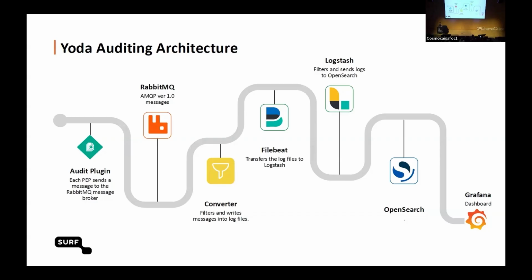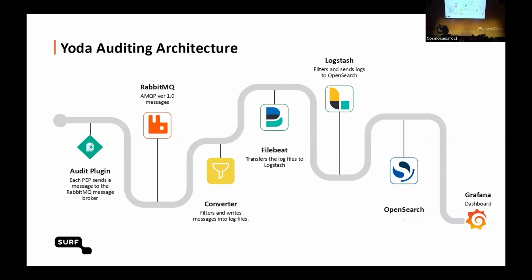These messages use the AMQP 1.0 protocol. Then I have a converter script. This converter script consumes these messages from the message broker, does some filtering, and after capturing all of this information, writes it in a log file.